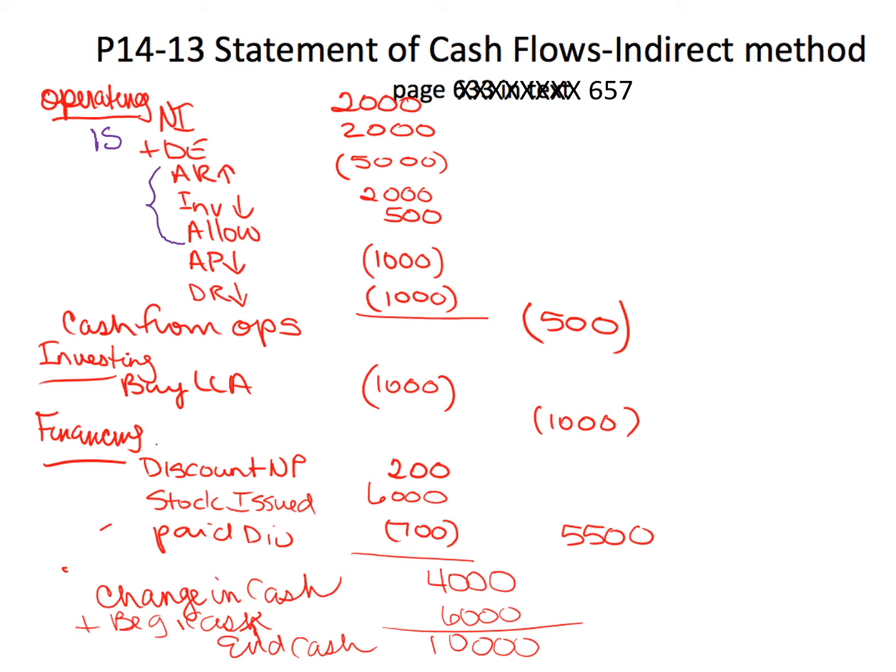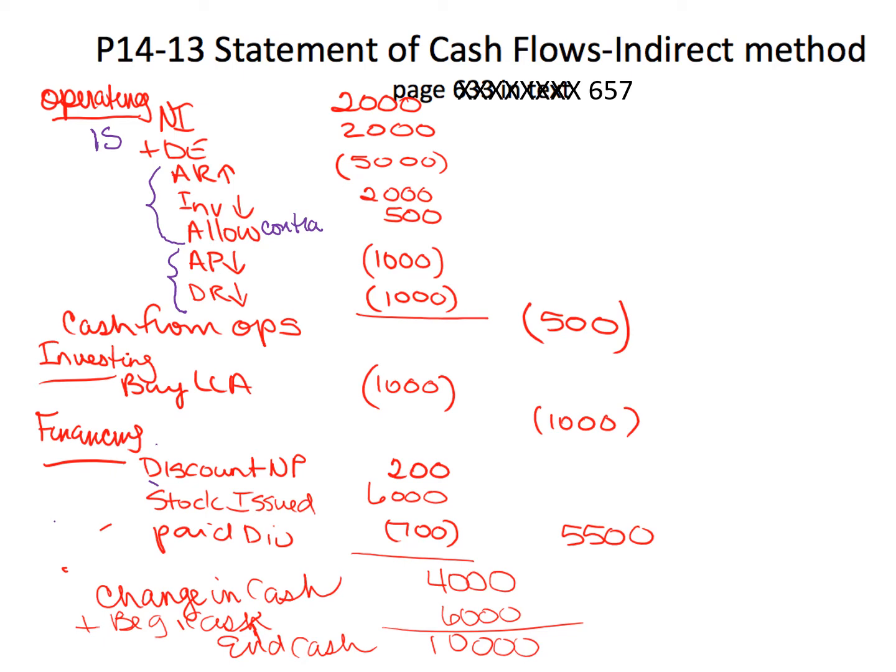But the allowance for doubtful accounts or bad debts is a contra account, so it acts contrary to that. So if the allowance goes one way, then it will go the other way. Current liabilities, if they go down, the impact on cash is the same.